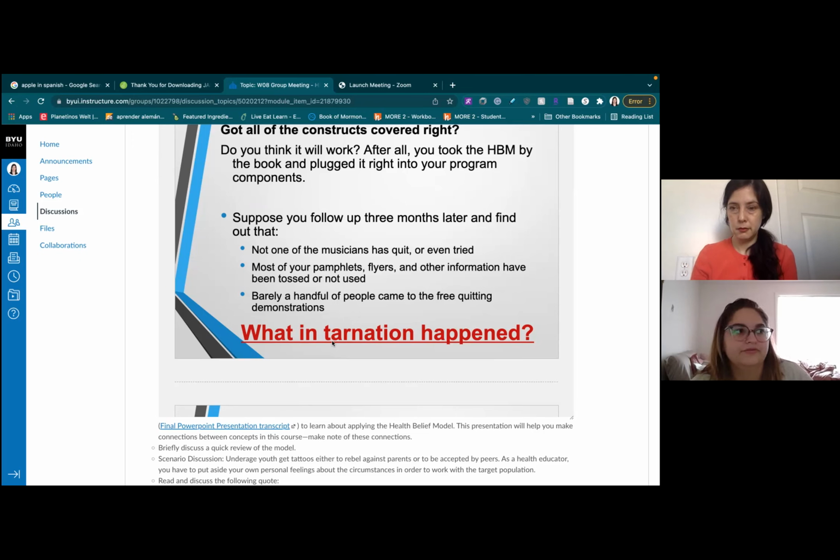So for this instance, if all of these musicians were buddies and they were all smoking, and then suddenly one of them gets a terminal cancer diagnosis, I think that would help them realize how serious it is, and maybe quit, even if they hadn't tried before, or at least try.